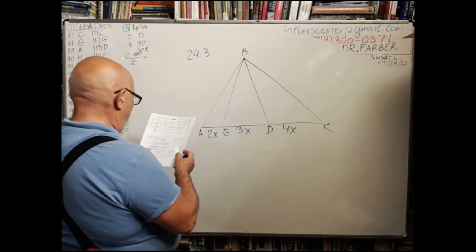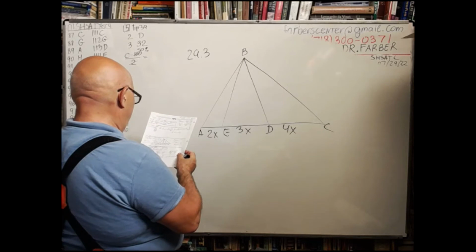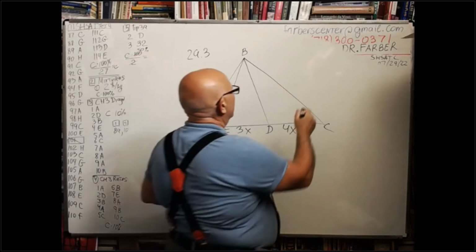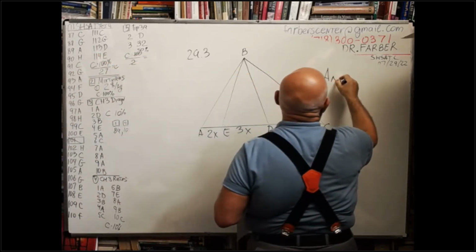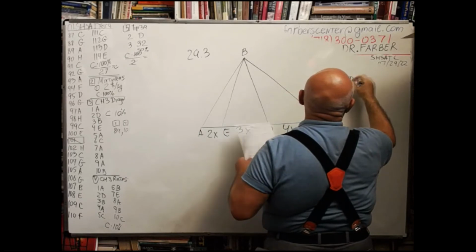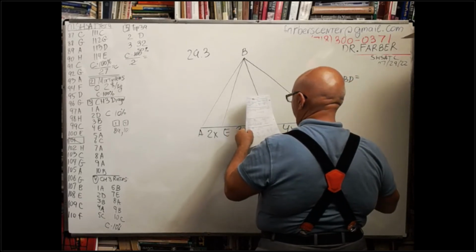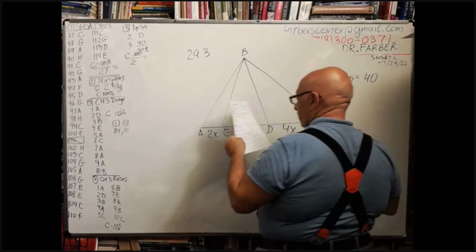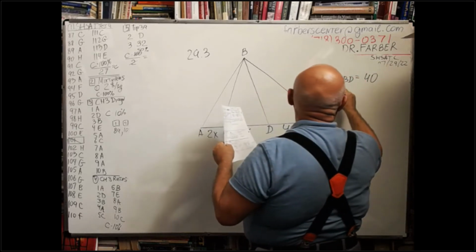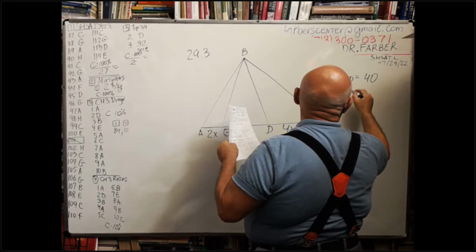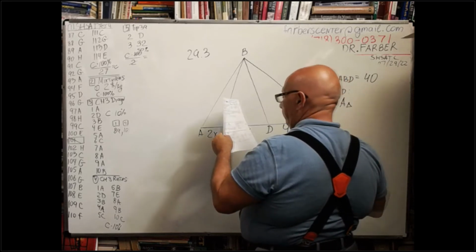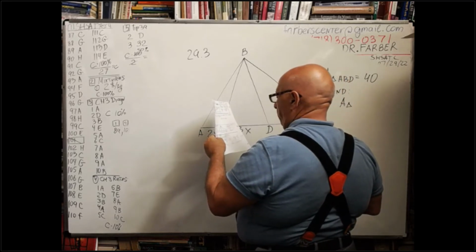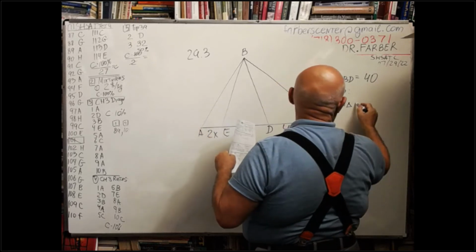Area of ABD, where is ABD? Area of triangle ABD equals 40. Find area of triangle BDC.